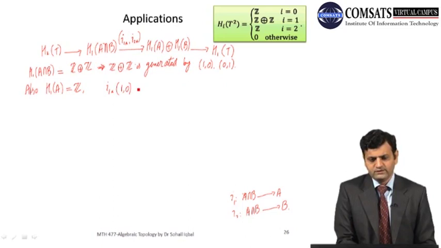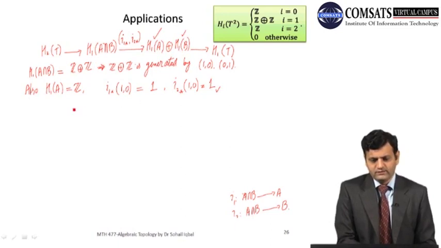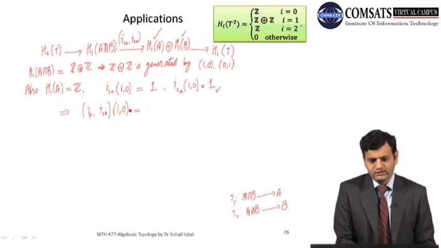Let's concentrate on (1,0): this goes to 1, but this 1 is in one copy of Z. Similarly i_2 lower star of (1,0) is equal to 1, and now I'm taking this 1 as the generator of H_1 of B. So when you apply i_1 star and i_2 star on the element (1,0), we get (1,1).